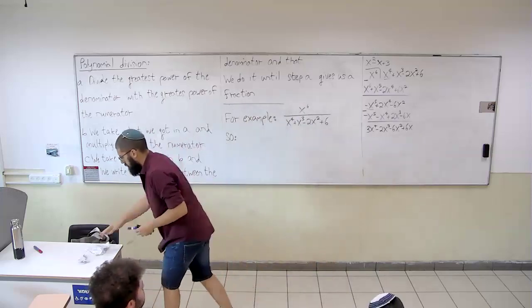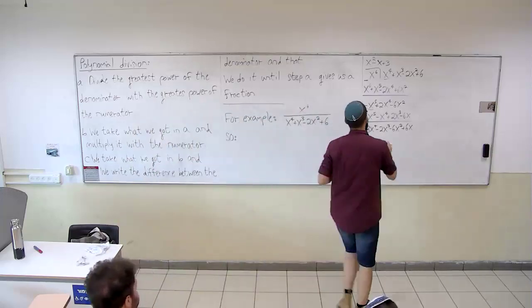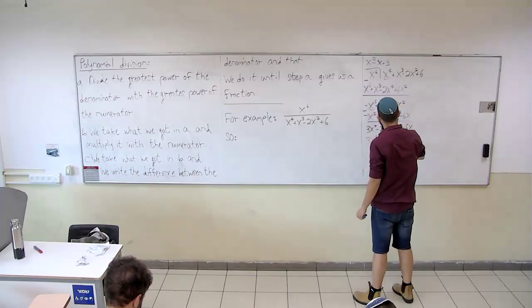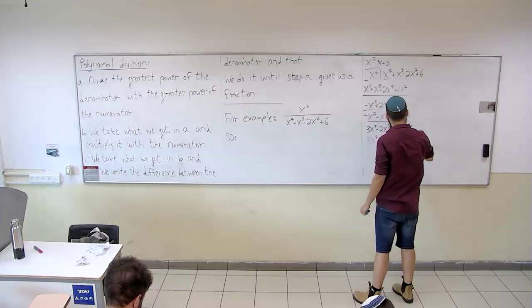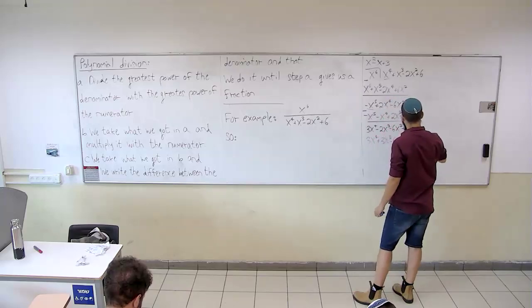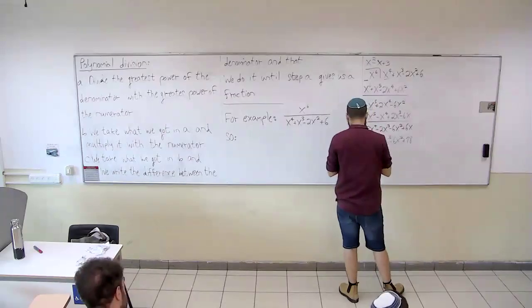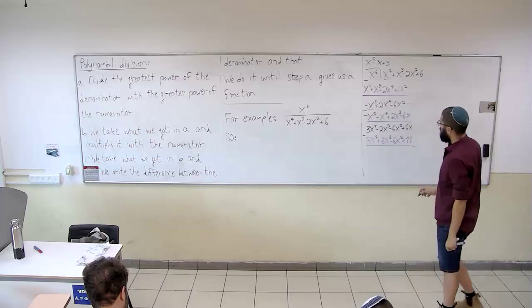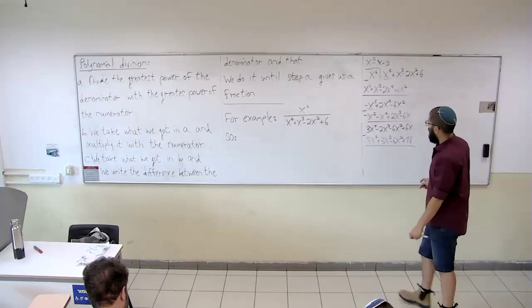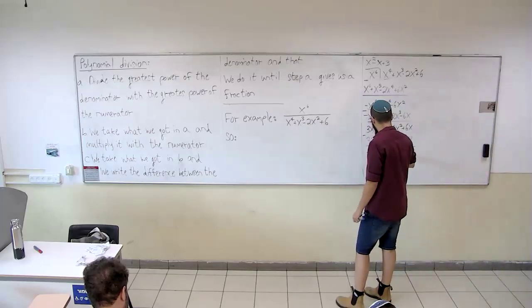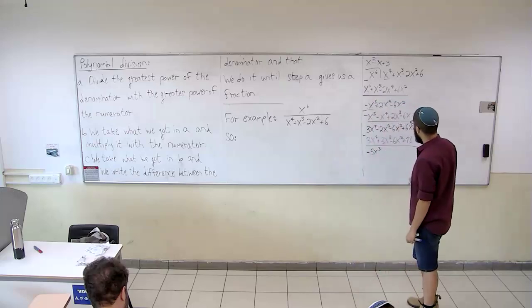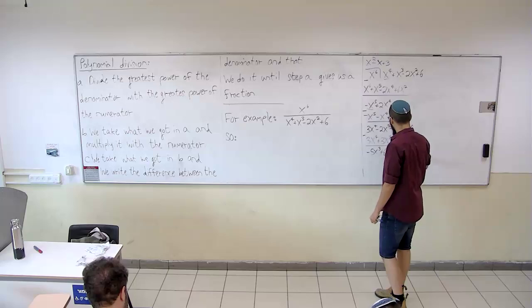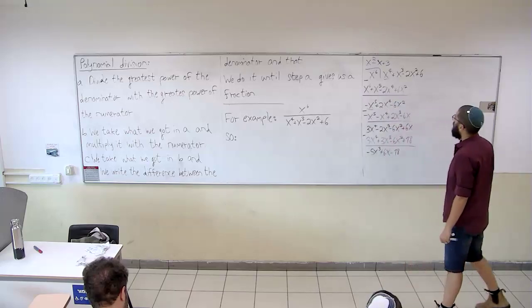This is step B, and step C, writing down the difference, we get minus 5x to the power of 3 minus 6x minus 18.